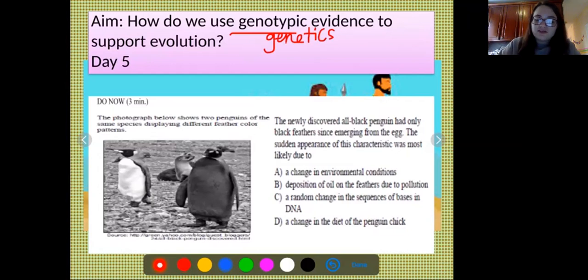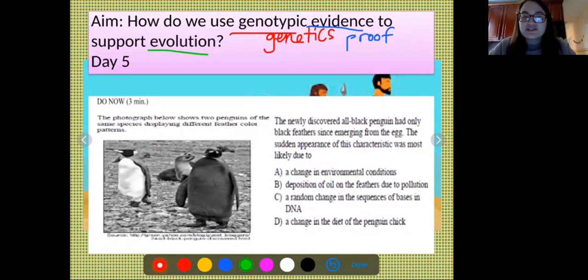Now when we hear the word evidence, that basically means you're just looking for proof of something. So I've annotated genotypic evidence to be genetic proof. And finally, the last word we need to pick out is the name of our unit, and that is evolution.